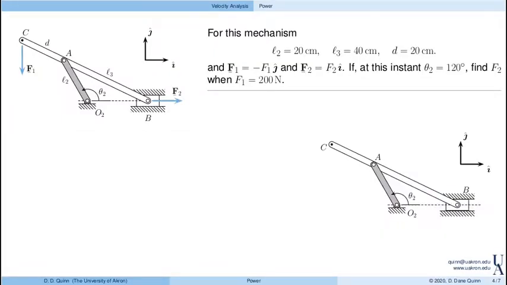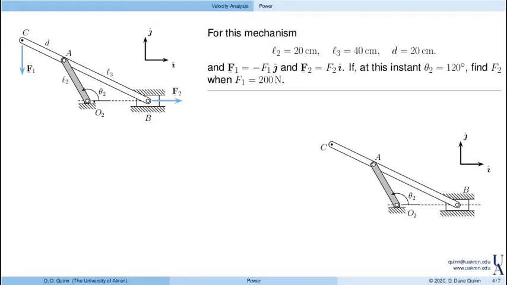So let's look at a more complicated example, right? That example is pretty simple. In particular, let's look at an example with a single degree of freedom mechanism that has some complexity, as given here. Turns out this is just a slider crank where link 3 is a little bit longer.